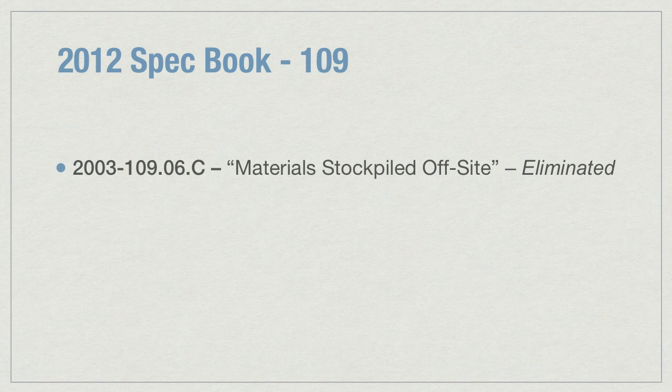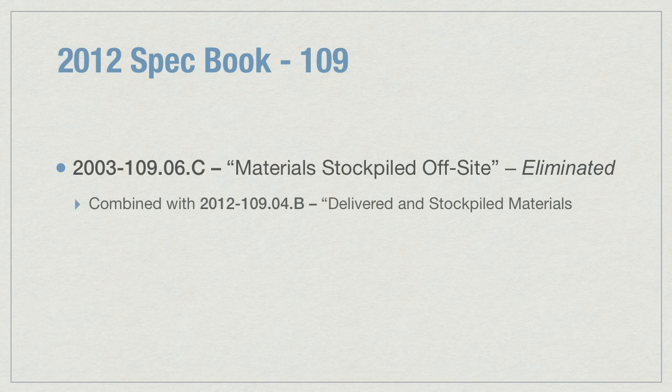Subsection 10906C in the 2003 book, Material Stockpiled Off-Site, has been eliminated. That information has been combined with new subsection 10904B, Delivered and Stockpiled Materials. There have been no major changes in the way this payment is made.